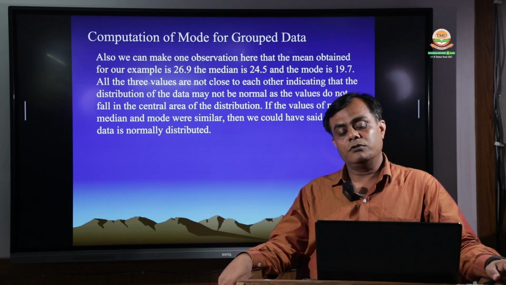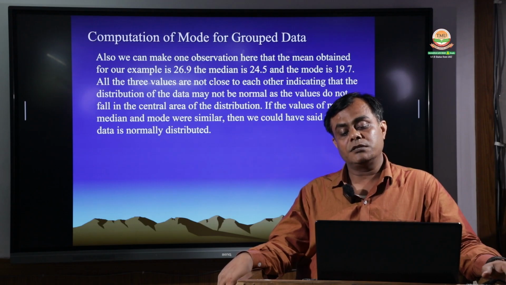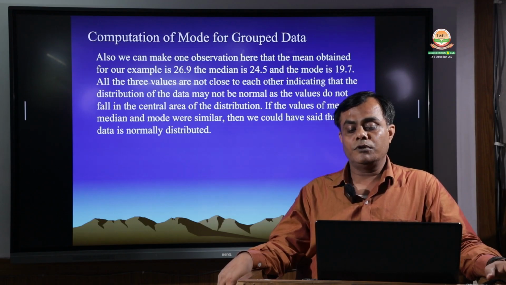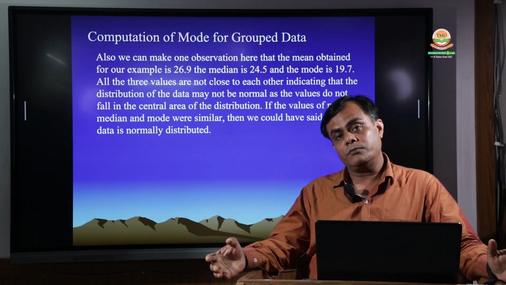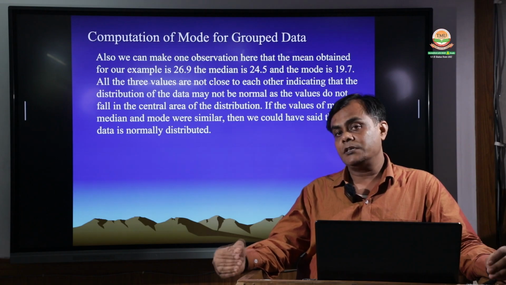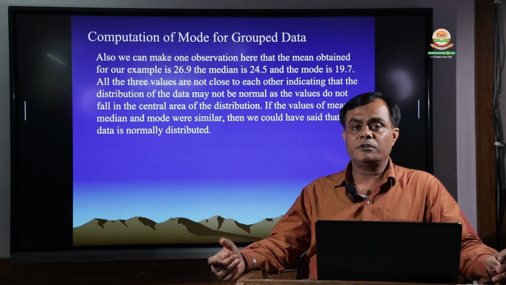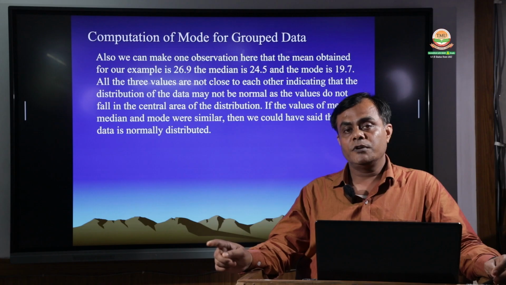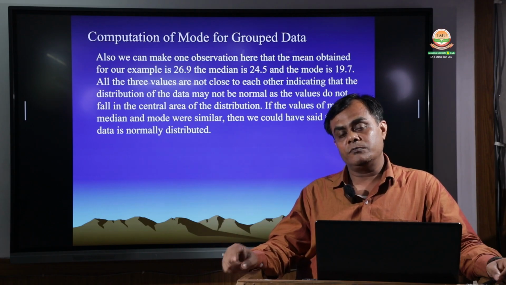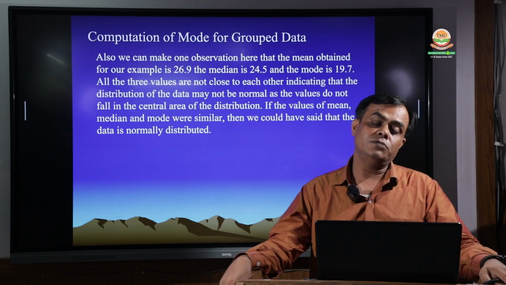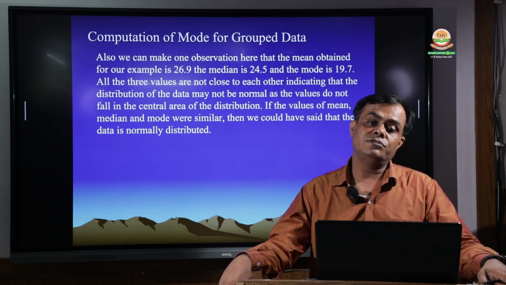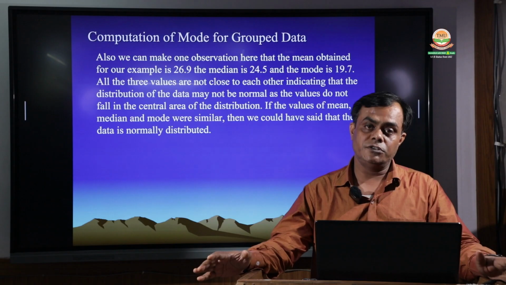If the values of the mean, median and mode were similar, then we could say that the data is normally distributed. So simply, if the data is normally distributed, then the measures of central tendency, mean, median and mode, are the same. If the mean, median and mode values are different, we can say that the data is not normally distributed.